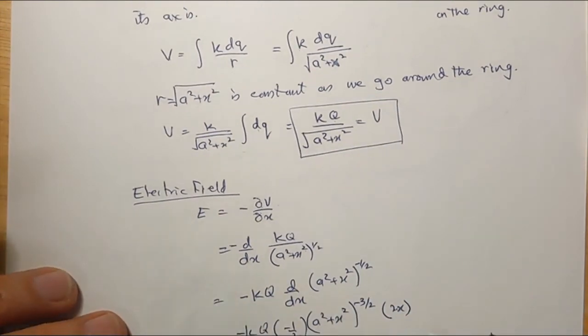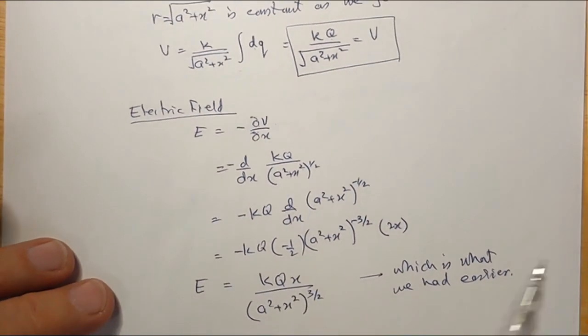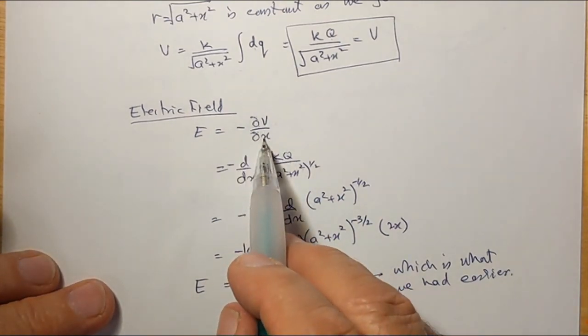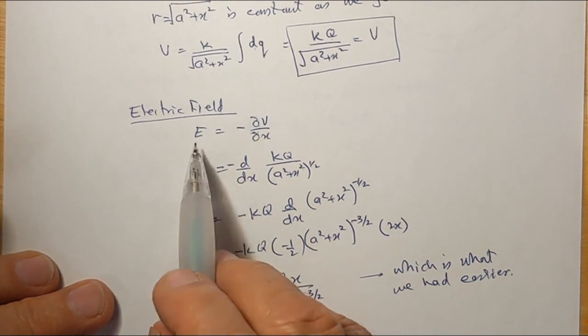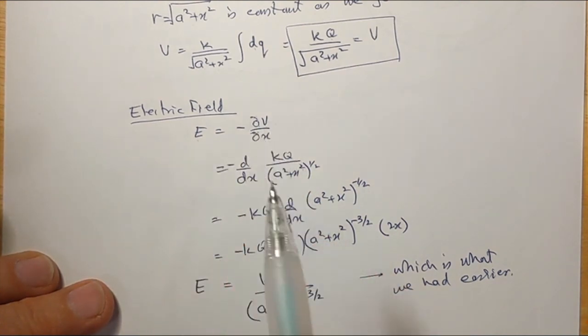Now, if you want to find the electric field, we can find it as a rate of change of voltage. So the electric field is minus dV by dx.